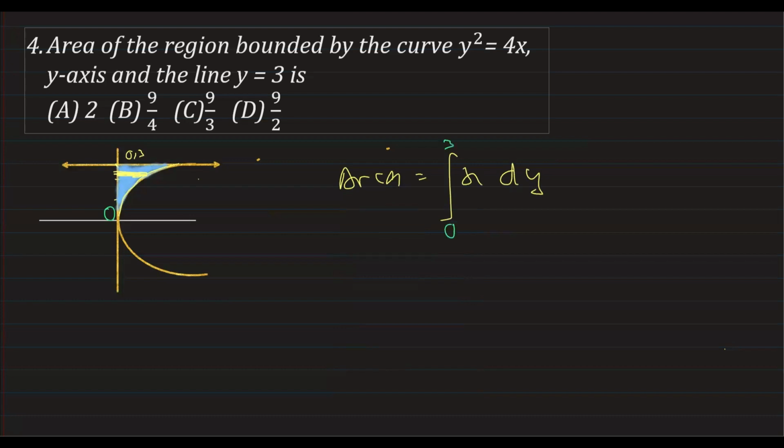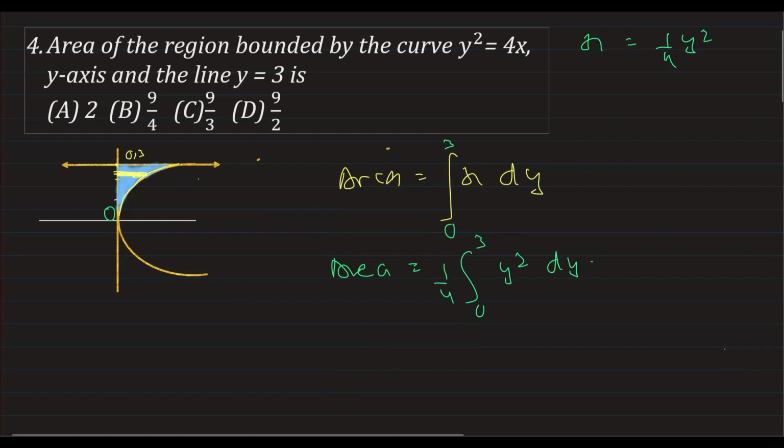Now next is to isolate x from here. Clearly from here, x is 1 over 4 y square. That's what we are going to do in the next step. So area is equal to integration 0 to 3, replacing x here, 1 over 4 y square dy.